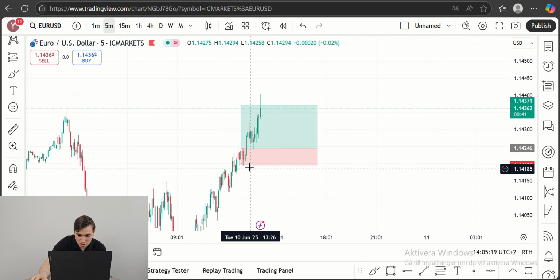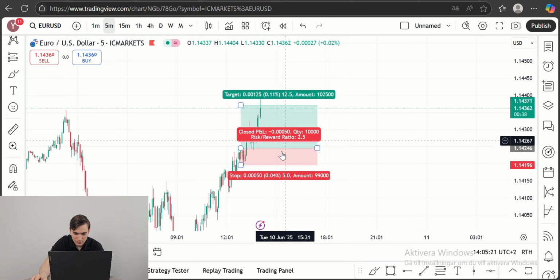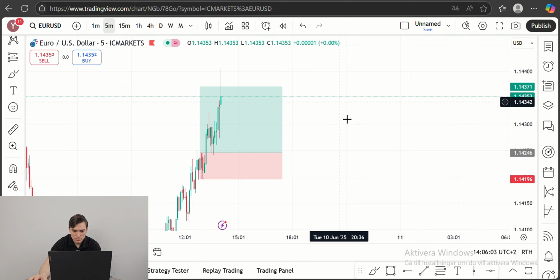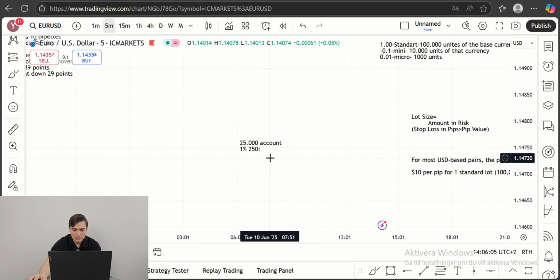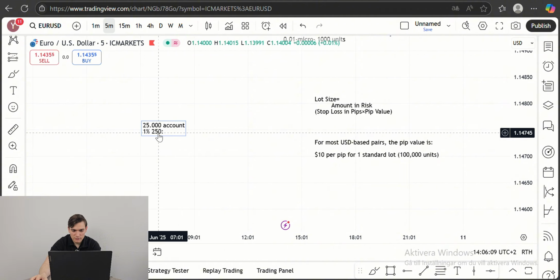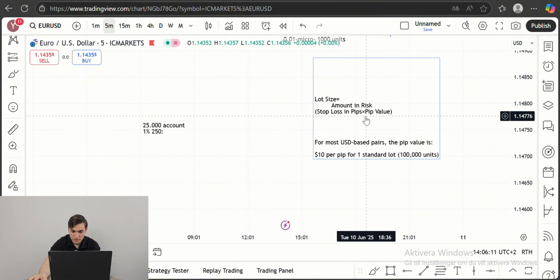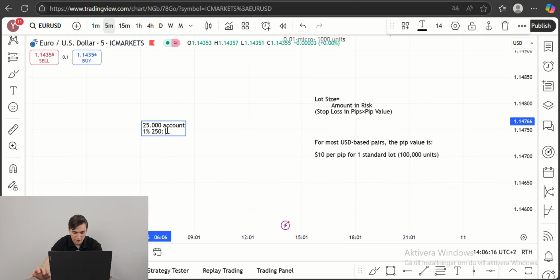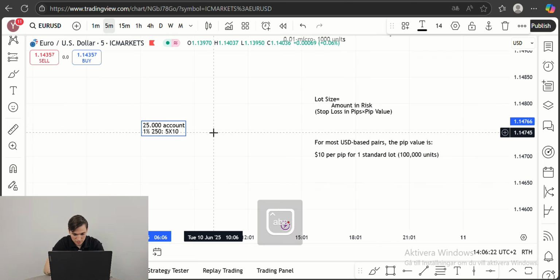So let's say I take this trade, I have my stop loss here. What does it say under? 5. Okay, my stop loss is 5 pips. That means 1% is 250. So 250 divided by the stop loss in pips, which is 5 in this case, times the pip value, which is 10.